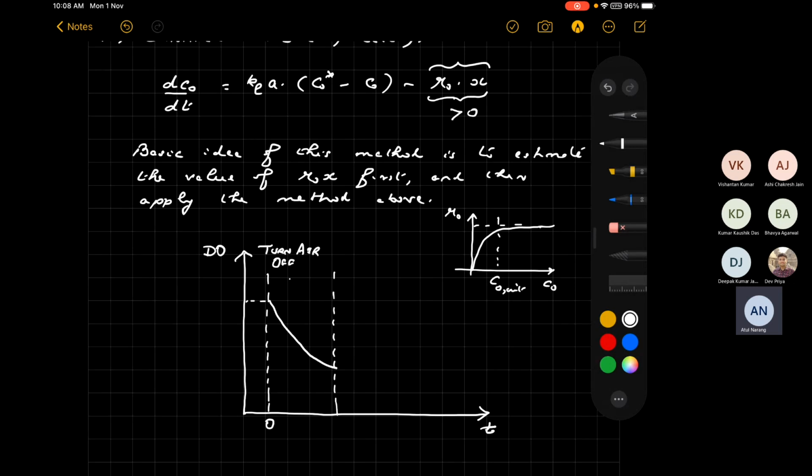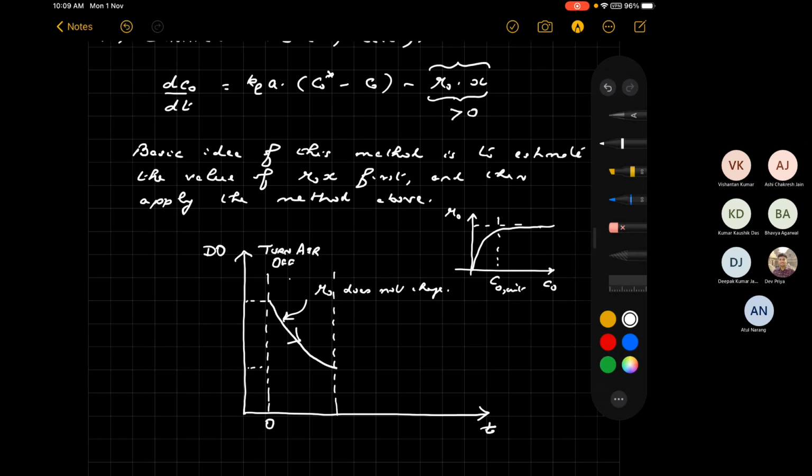So the specific oxygen uptake rate, which is essentially how much oxygen the cells are consuming per unit time per cell or per gram dry weight, whichever way you want to look at it, remains the same throughout this decline. So in this phase, RO does not change. And that's because you never allow it to go down so low that it falls below CO crit.